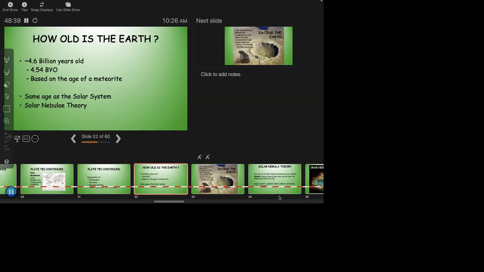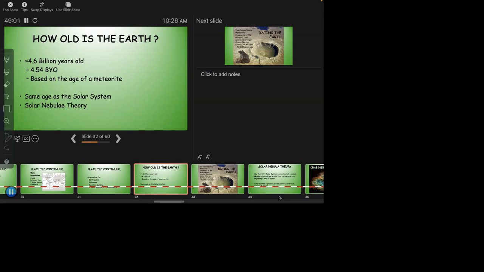And that, my friends, is based on the age of a meteorite. You may find yourself saying, well, why are we basing the age of the Earth on a meteorite? And if you don't know that answer, you will soon. There's a couple reasons, really.